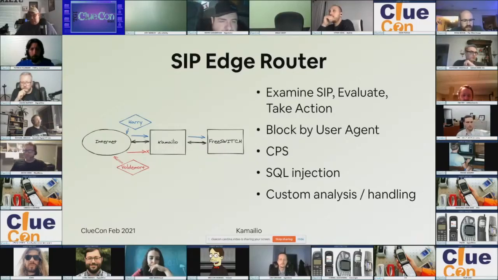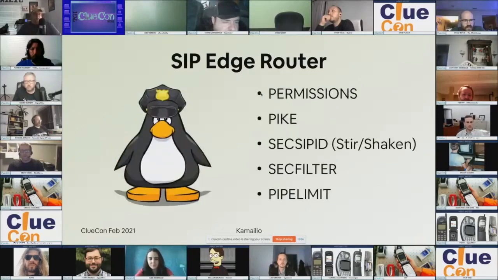And that's really good when you start getting these OPTIONS pings because they just move on instead of going, okay, I have a PBX, let me go and attack it. So as a SIP edge router, you can offload that to Kamailio and let your FreeSwitch do more with less.